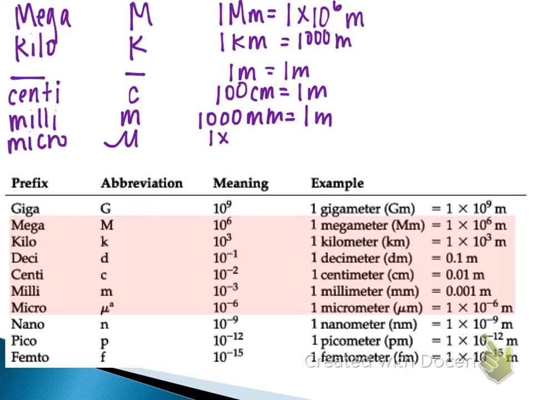Okay, 1 times 10 to the 6th, or a million micrometers, are in 1 meter. And then lastly is nano. It's just a lowercase n. 1 times 10 to the 9th nanometers is in 1 meter.